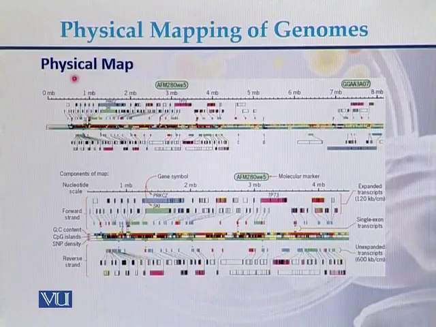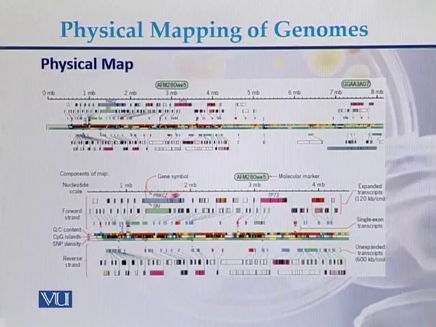Here is the detailed structure of a physical map in which we can see the DNA in the form of Mb: 0 Mb, 1 Mb, 2 Mb, and 3 Mb. This is a marker that is located at the 3 Mb location. So these are the genes. There is another marker between 7 Mb and 8 Mb of DNA.